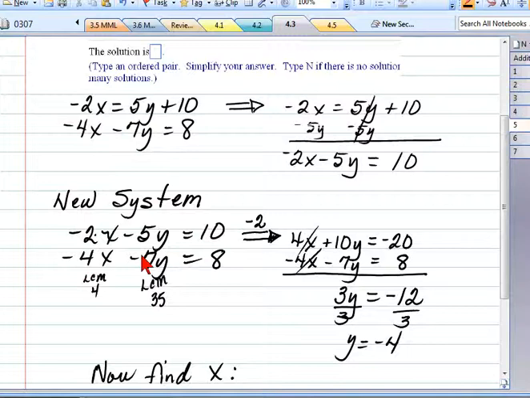Nevertheless, there are 4 equations written on the screen. You may pick whichever one you want to solve for x. Out of the 4. Any one you want. As a matter of fact, you could even go over here and pick one of these. If it's an equation with x and y, you can pick it. It's your choice. Look at all the equations up here and don't get yourself stressed out about it. Just pick one.